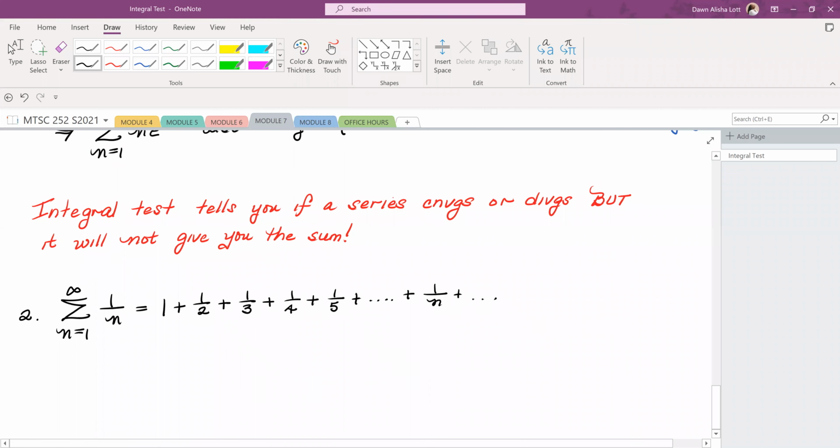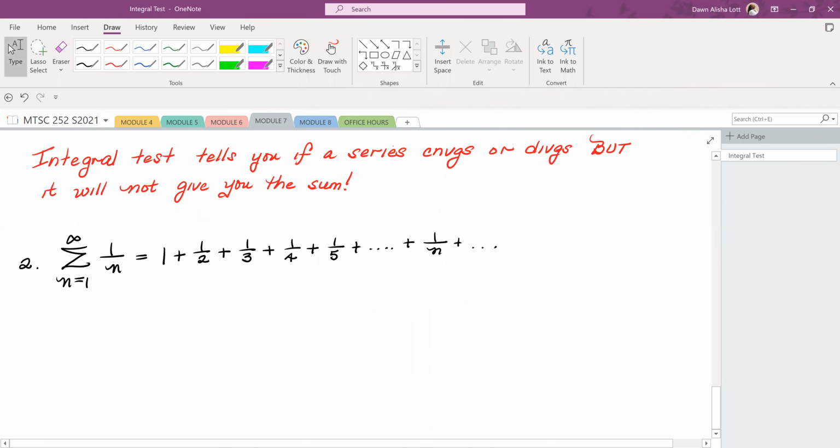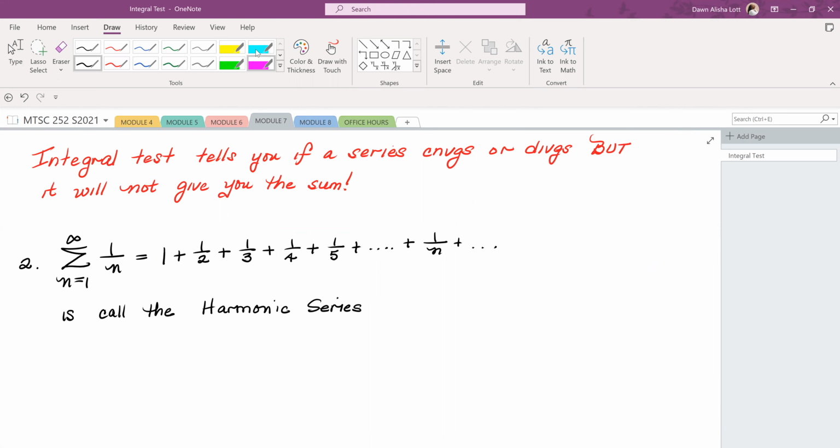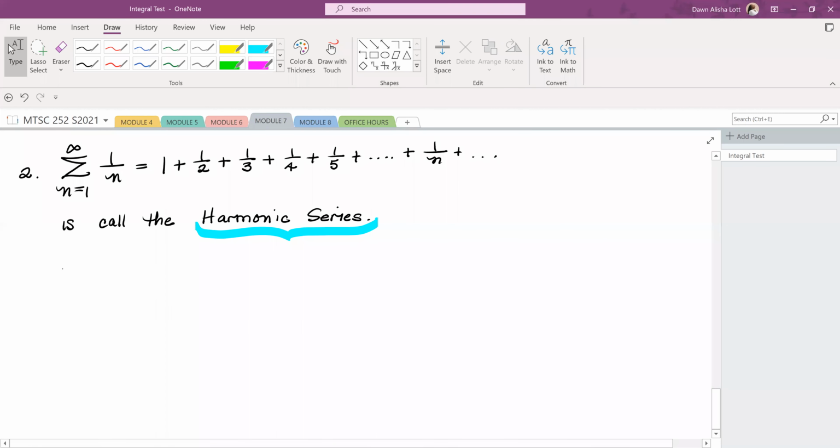This series has a special name. It is called the harmonic series. Very, very important series. Okay, it has a special name. It is the harmonic series. Okay. So let's check it for convergence.